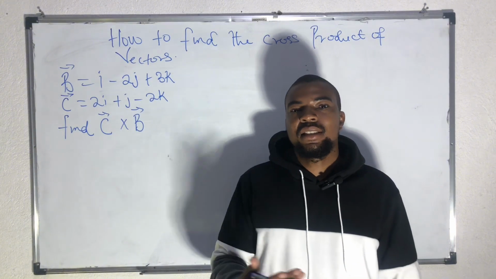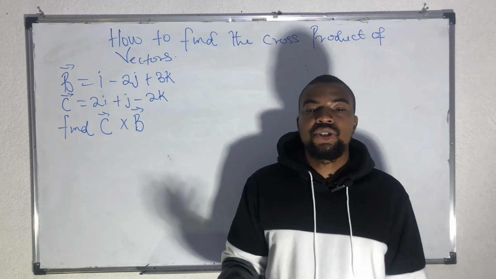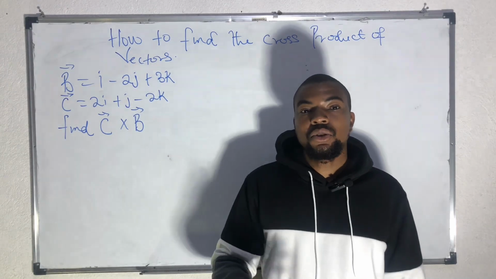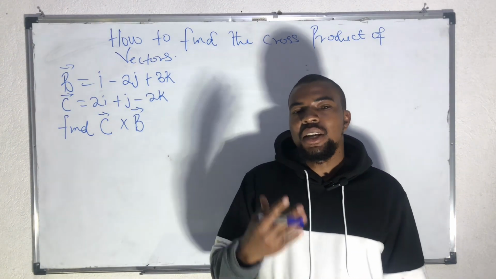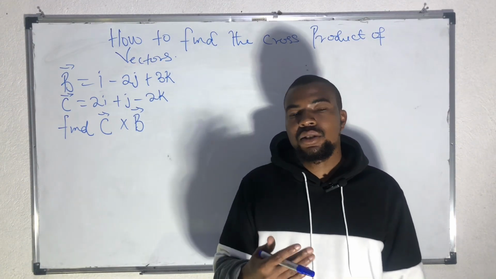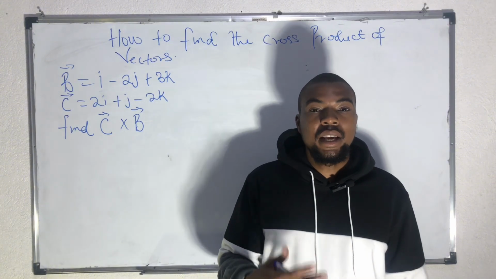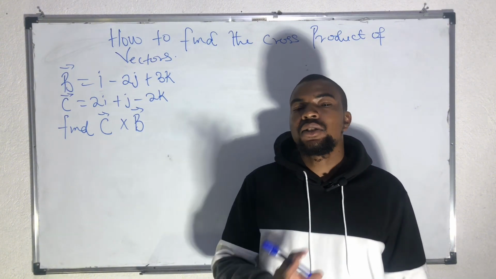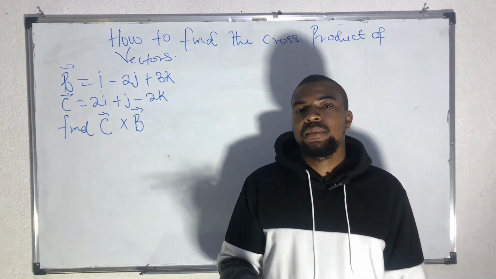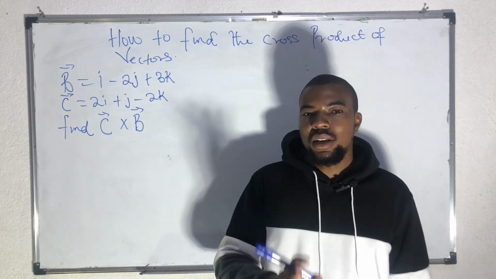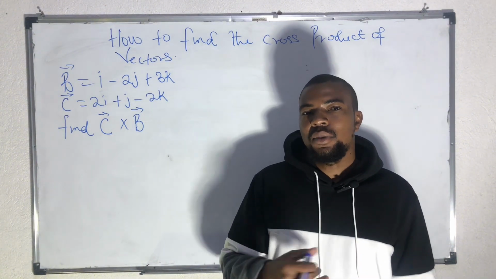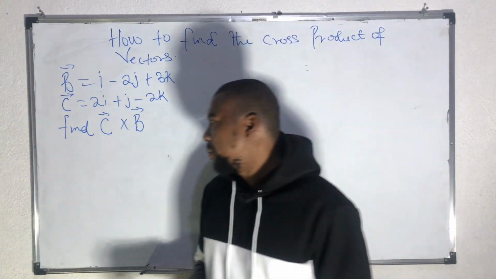They think it's the same when they change the order. If you change the order, you are also going to change your result. If your teacher or lecturer asks you to find A cross B, stick to A cross B, because A cross B is not equal to B cross A. If you do it the wrong way, you get the wrong solution, and that's not going to be nice on your grades. Now let's go ahead and solve this very problem.